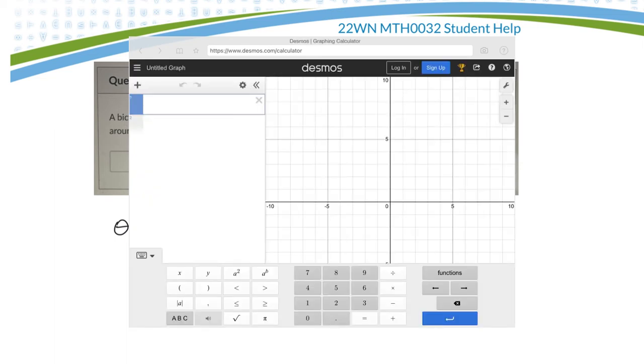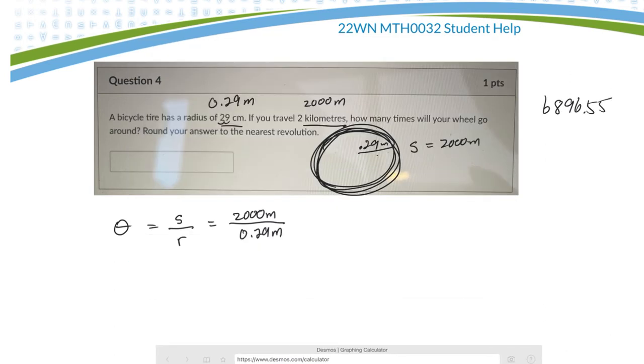So 2,000 divided by 0.29, 6896.55. So the angle is 6896.55, and when you use this formula, your answer comes out to be in radians.